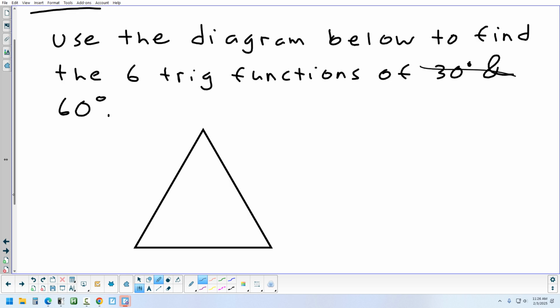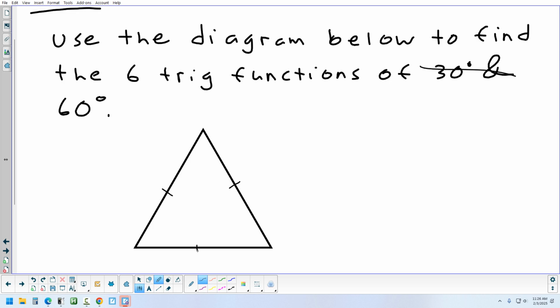First of all, when you're doing the kind of trig that we're doing this week, what kind of triangle do you need to work with? A right triangle. Is that a right triangle? No. Okay, but that's a hint for what you're going to need. Based on that, what kind of triangle is that? Equilateral.